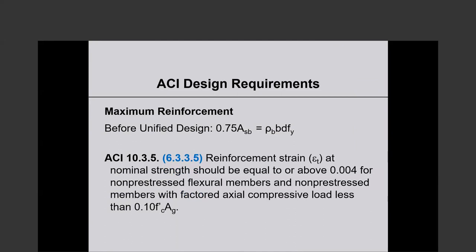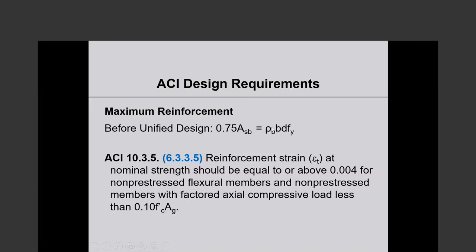Now, maximum reinforcement, as I mentioned yesterday, before we embraced unified design in ACI 318-02, the maximum tension reinforcement we could put in a section was 75% of the balanced reinforcement. 75% of A sub SB, and A sub SB was typically written as rho sub B times BD, B being the width, D being the effective depth.